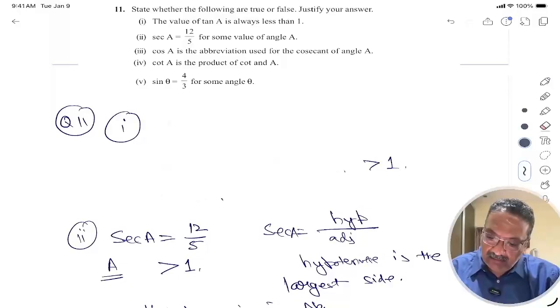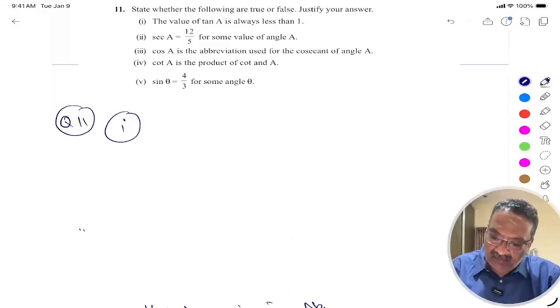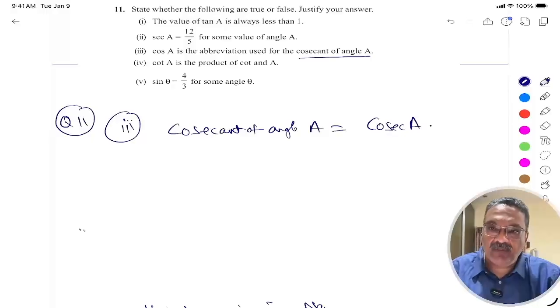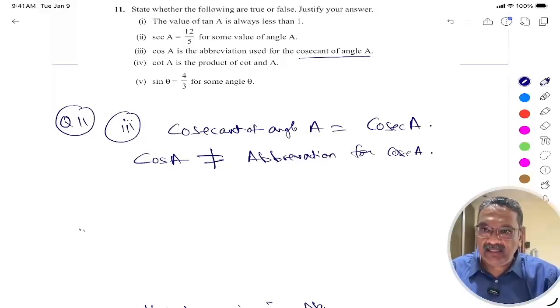Third part: cos A is the abbreviation used for cosecant of an angle A. What is the cosecant of angle A? The abbreviation is cosec A. So cos A is not the abbreviation, it is false. Cosecant A is equal to 1 by sin A. So cos A is not the abbreviation.